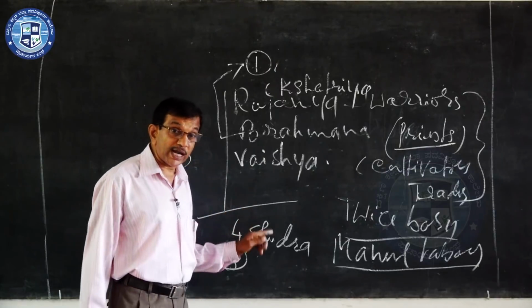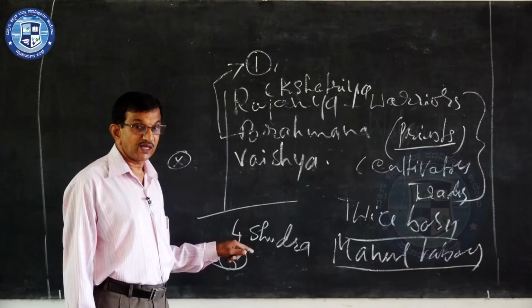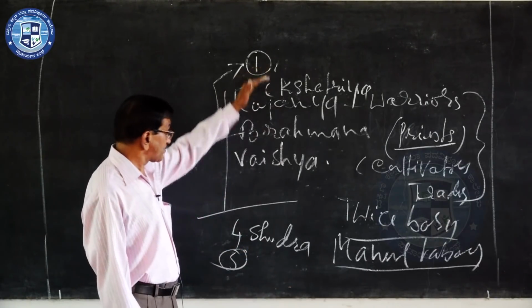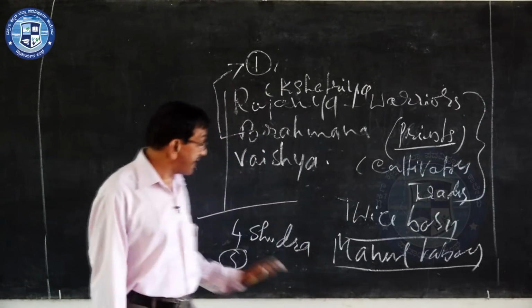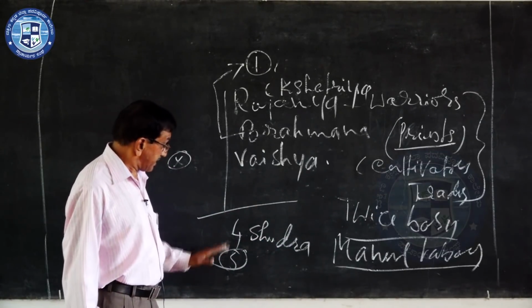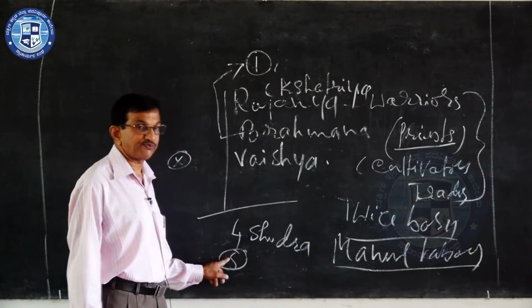They were also called Avarnas, Atishudras, or below the four Varnas, therefore they were regarded as Avarnas. Later they were called untouchables. This group is later the scheduled castes, the fifth group.